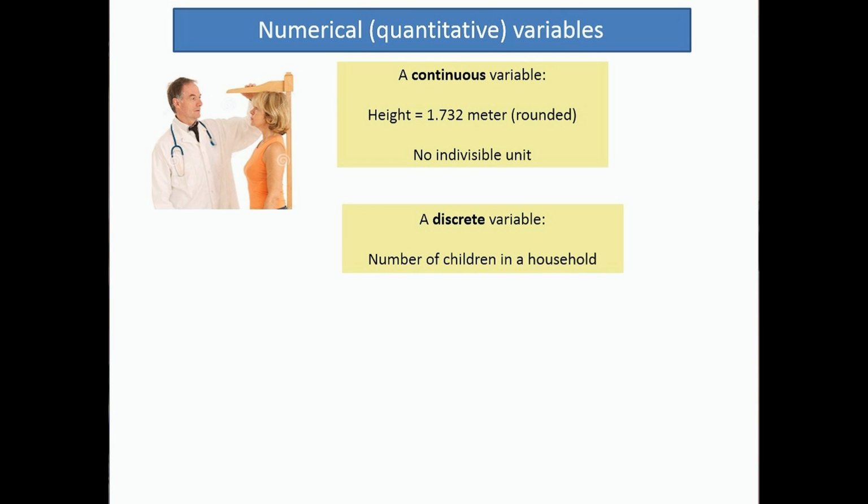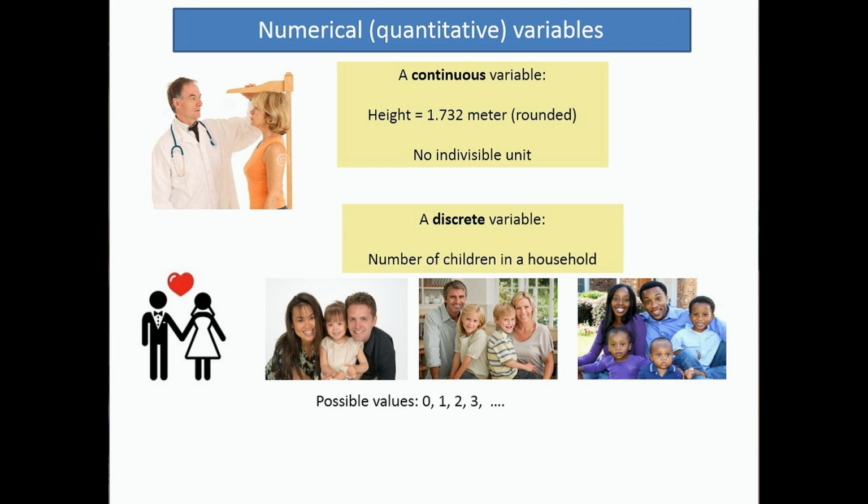For a continuous variable, there is no indivisible unit. You can measure in meters, centimeters, millimeters. For a discrete variable, such an indivisible unit exists. You can have 0, 1, 2, 3, etc. children. In this case, the indivisible unit is a child.